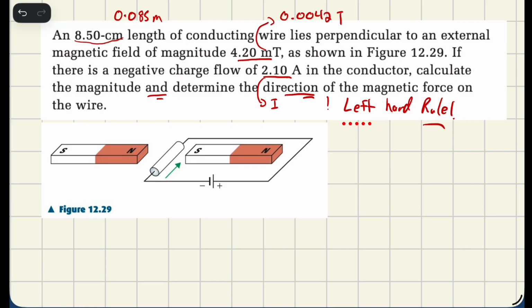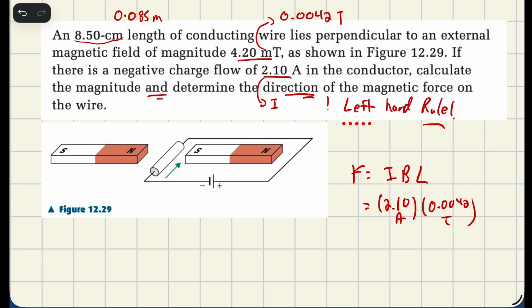So again, to find the magnitude of the magnetic force, we're going to use the formula that accounts for the length of the conducting wire. So we're going to use this formula here. And we have our current, which is 2.10 amps. We have our Teslas, which is 0.0042 Teslas, representing the strength of the magnetic field.